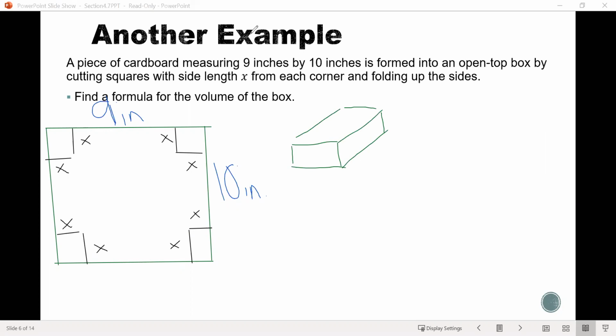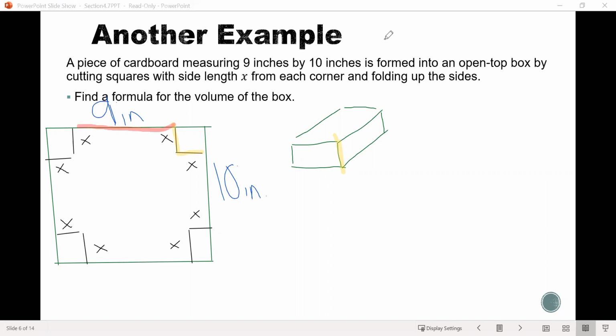Okay, and in this picture that I've drawn here, this side here is going to correspond to that when it gets folded up. So those two things will get together.